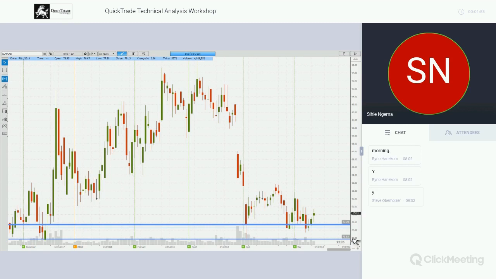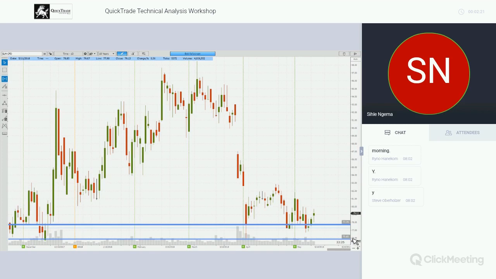Indicators form part and parcel of technical analysis. As you all know, we have two kinds of analysis that we do in the market. There's fundamental analysis, which focuses on the news about certain companies or the news about the markets, which can influence how we make a decision on whether to buy or to sell.